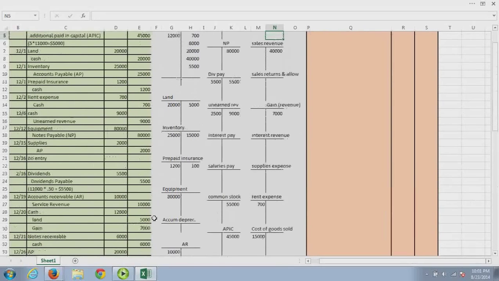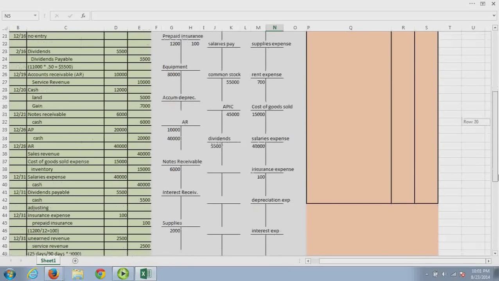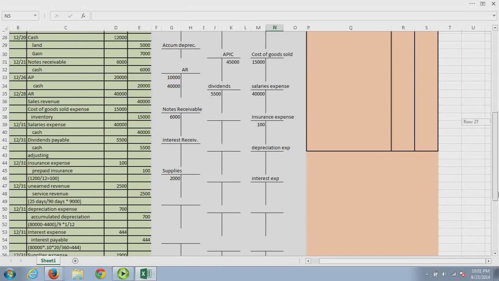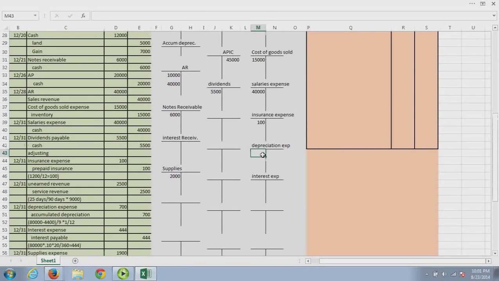Okay, and we're down to depreciation, straight line depreciation on the equipment, I guess, that we have. So we will debit depreciation expense, post that, and then the contra asset will post to that as well, which is right there.